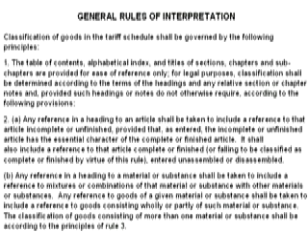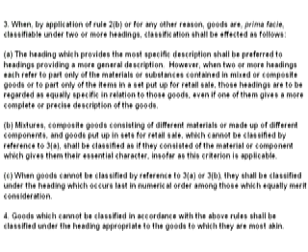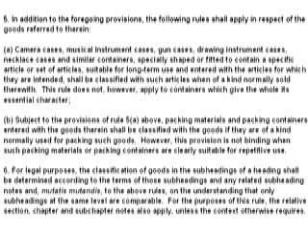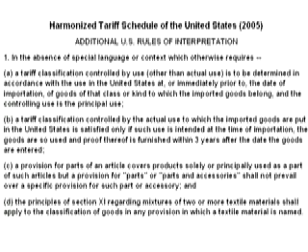It is organized by a table of contents, and following the table of contents you have the general rules of interpretation. There are 6 of those rules on the international level, and there is an additional U.S. note, making 7 rules that you will employ in the classification of your products, both for import and for export.